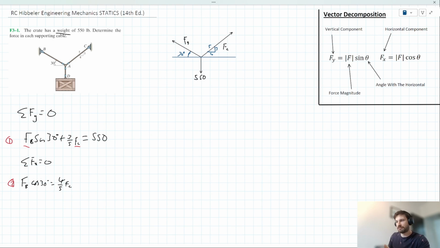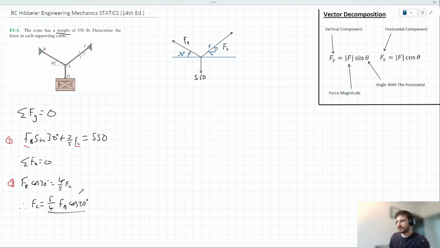I'm going to multiply both sides by 5/4 to eliminate this 4/5 coefficient. I can say FC is equal to 5/4 times FB times cos 30. So we have FC in terms of FB.